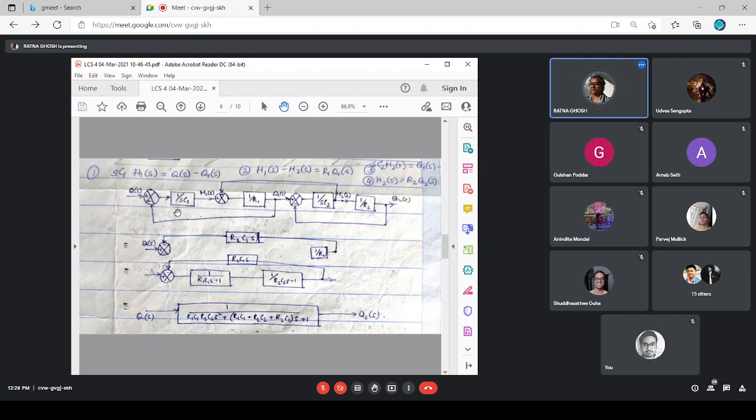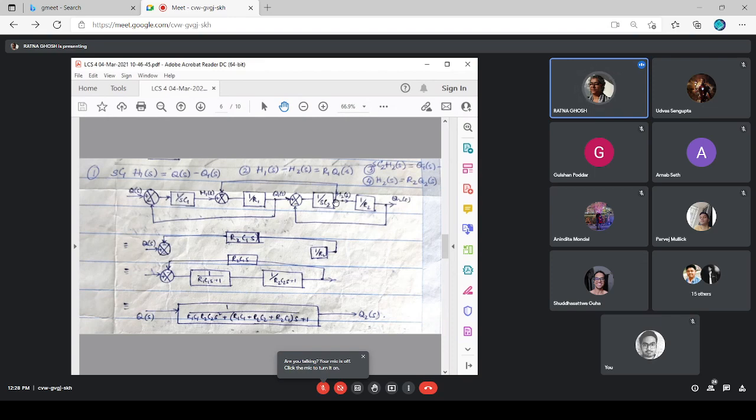So if this one has shifted out here, what has happened here? This has become one feedback loop, a unity feedback loop. And this has shifted out here, so this has also become another feedback loop.